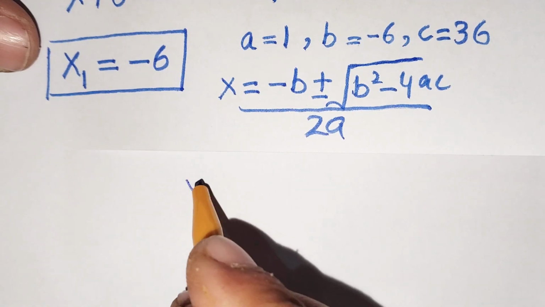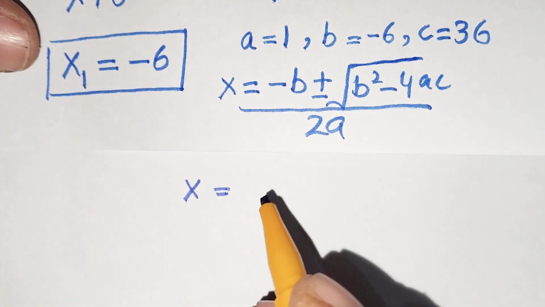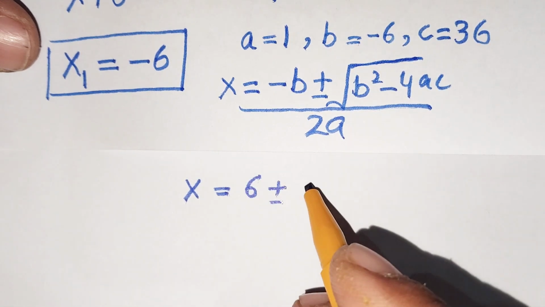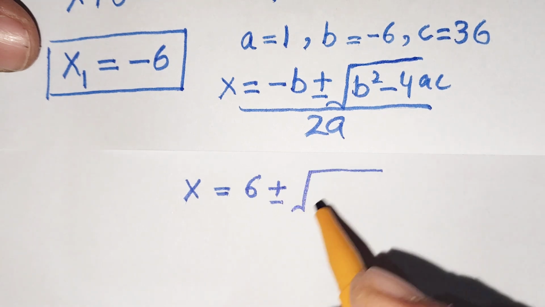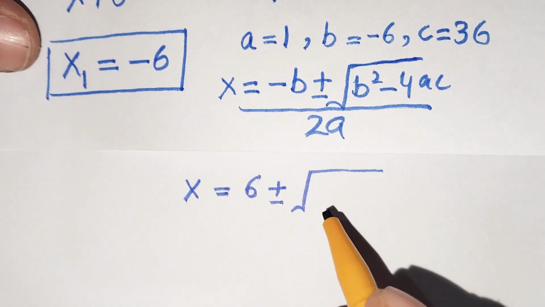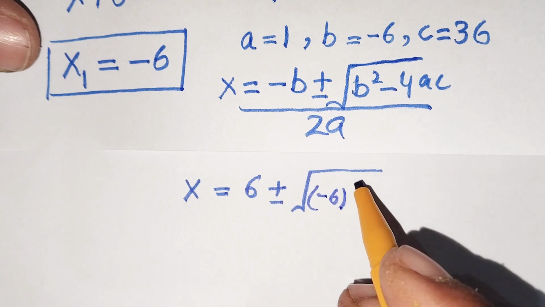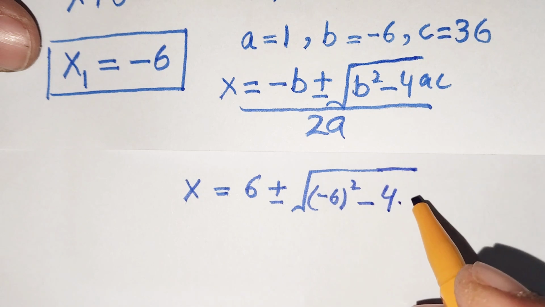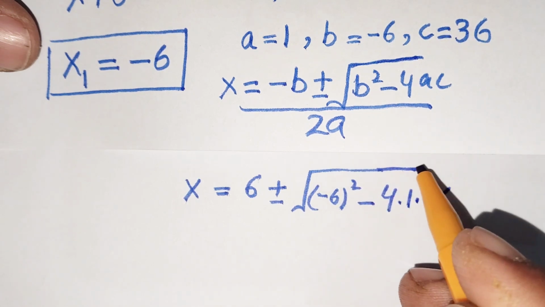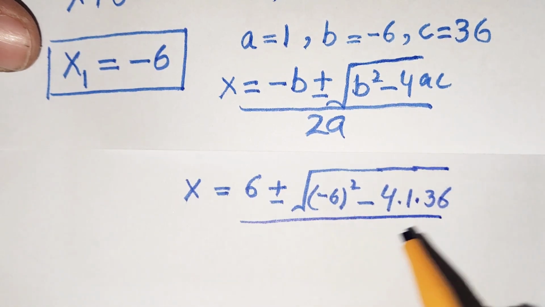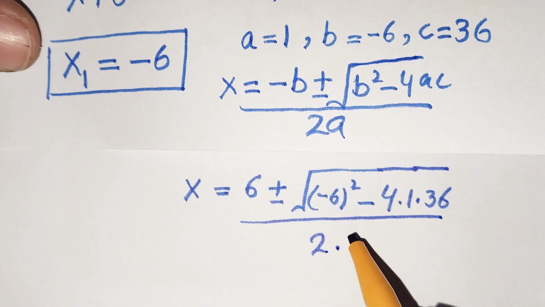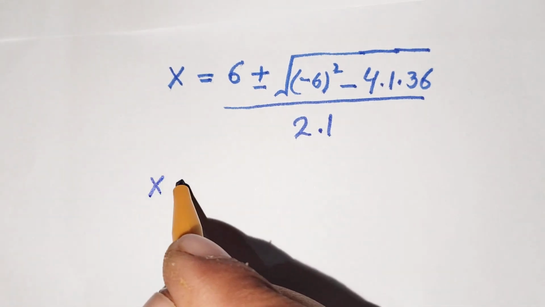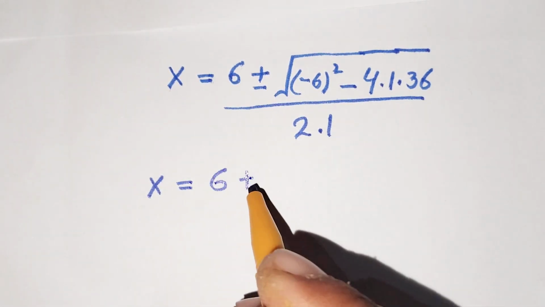Here x is equal to minus b, which is 6, plus minus the square root of b square, which is minus 6 square, minus 4 times a, which is 1, and c is 36, whole divided by 2 times a, where a is 1. Next step: x is equal to 6 plus minus.